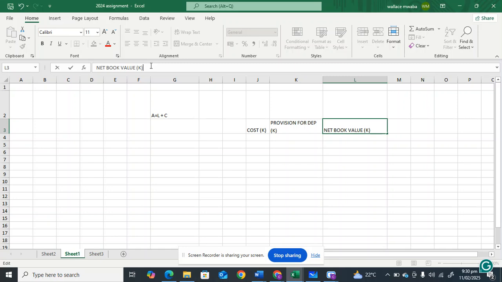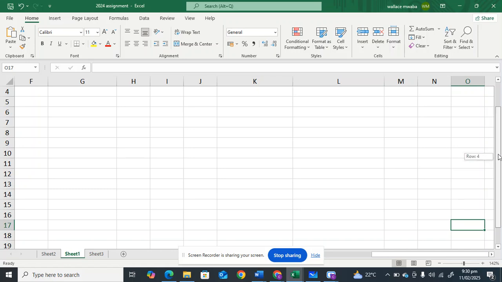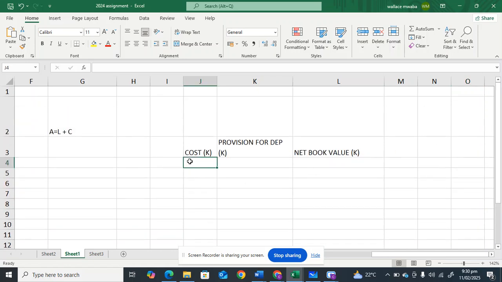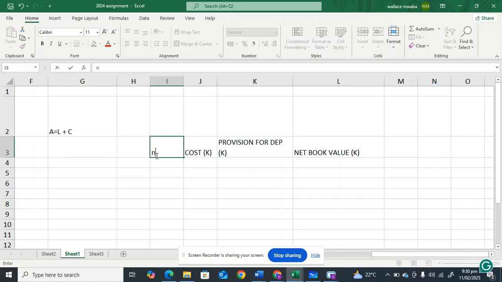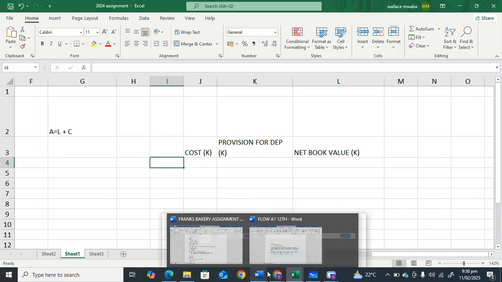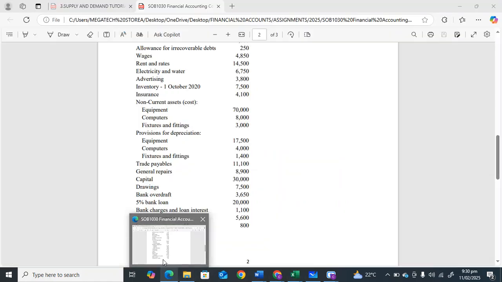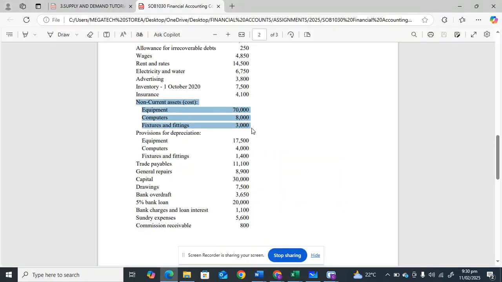So the first item that we're going to put into our balance sheet is our non-current assets. If we refer to our question here, these are our non-current assets. We'll start with the most permanent, the one that is there the longest, basically. So that's fixtures and fittings.